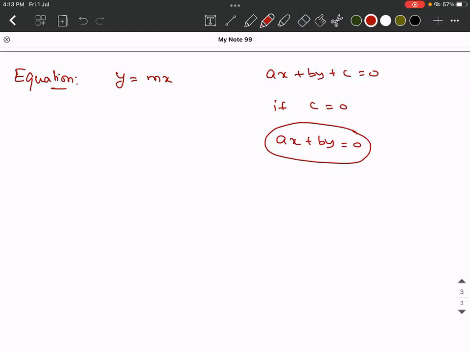Because if I take ax plus by is equal to 0, what are the x and y coordinates? One of the solutions can be (0, 0), which is basically the origin.